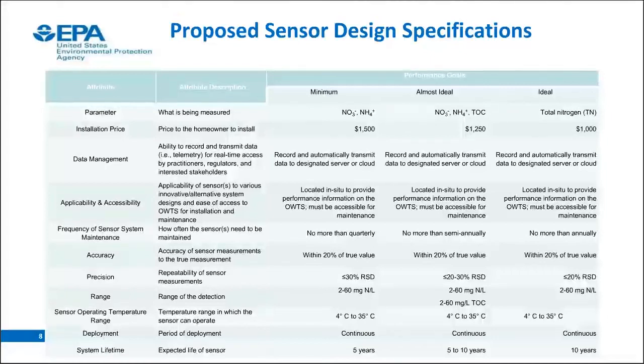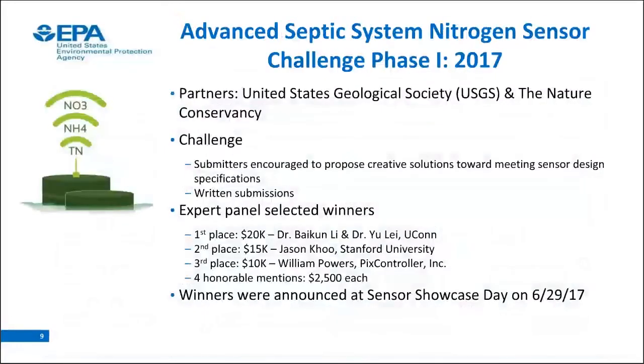Ideally, additional nitrogen metrics and lower cost, but as a first blush, those two at a cost of $1,500 per sensor.